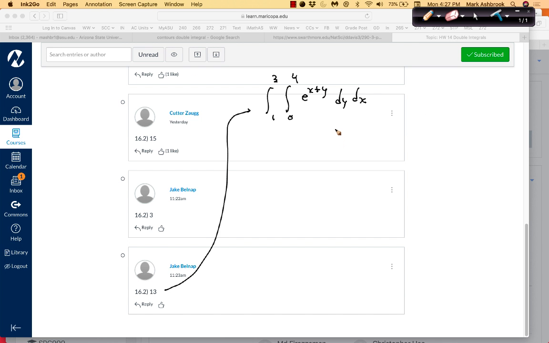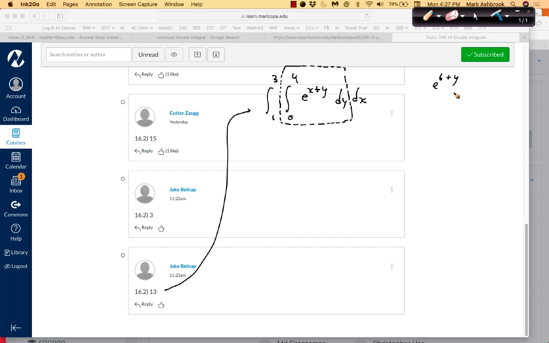Okay, so now our first integral is with respect to y. Again, we're isolating this inside integral and evaluating that first. With respect to y, doing this antiderivative would be like doing the antiderivative of, say, e to the 6 plus y, right? x is considered a constant.